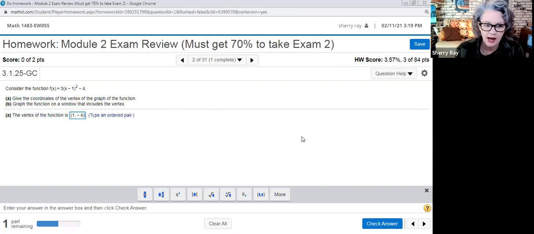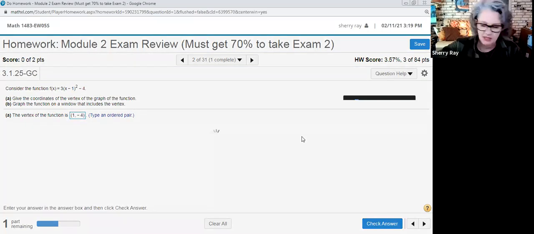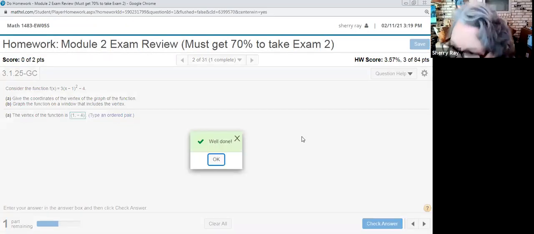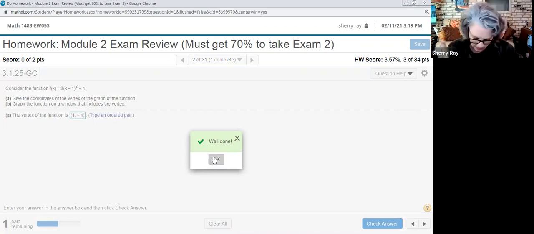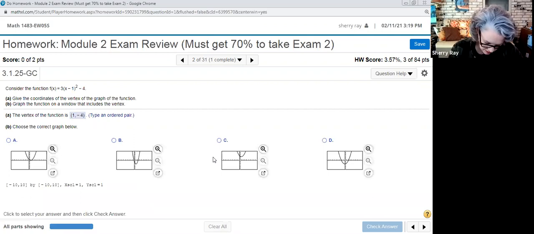And if you're wondering how I came up with that, it's because a long time ago, we have what's called a vertex form.